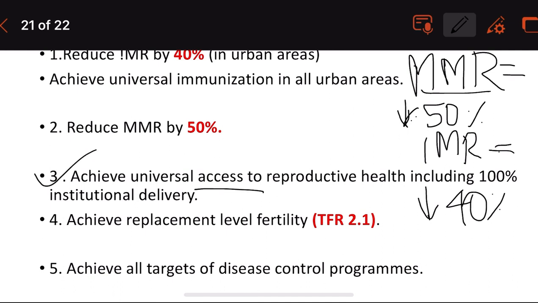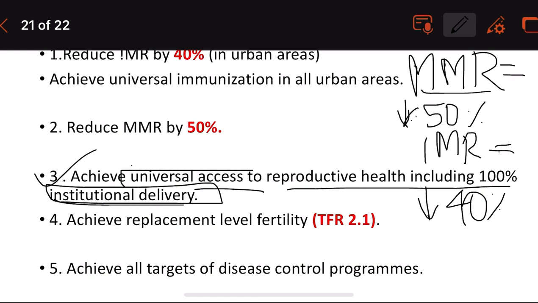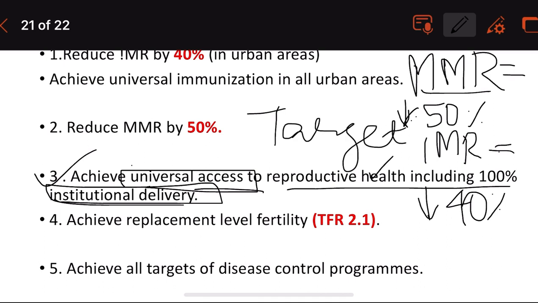Achieve universal access to reproductive health, including 100% institutional delivery. The main target is that the community should have access to reproductive health services and to 100% institutional delivery.